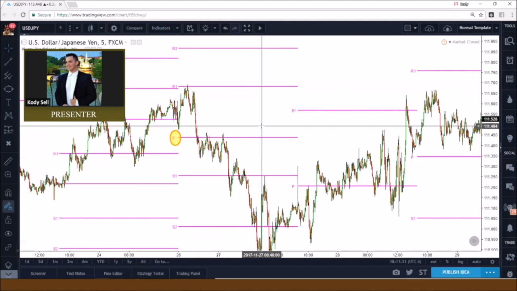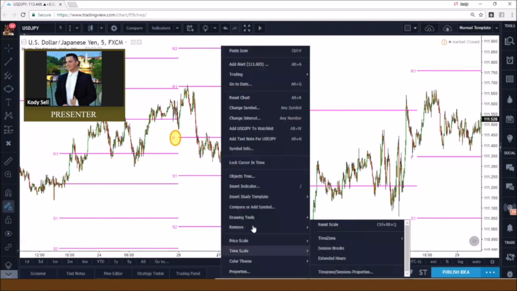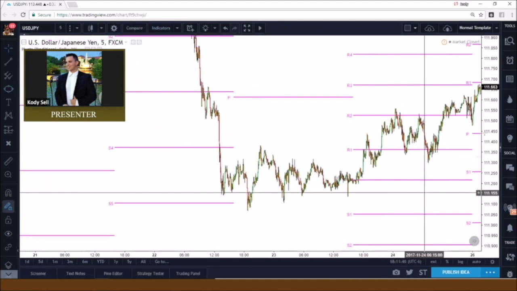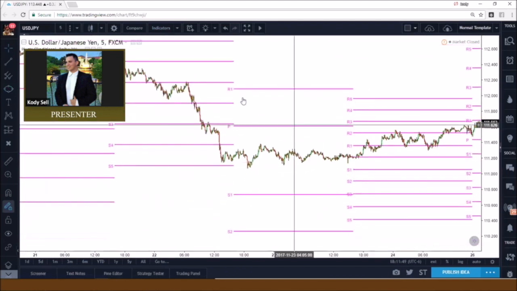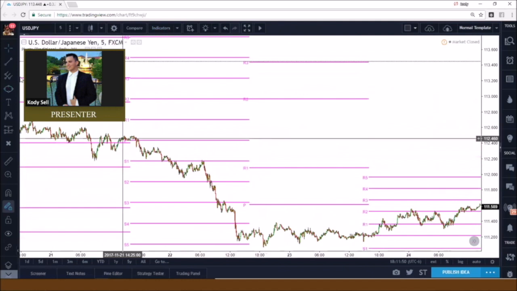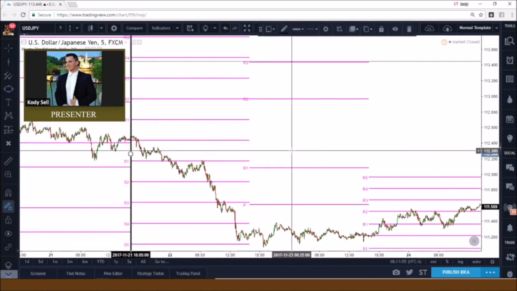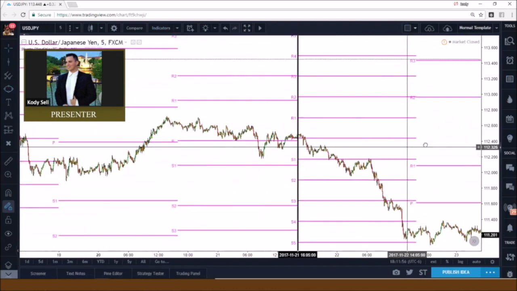We're going to look at some examples and go through how the price is moves each day between these levels. So let me remove all of my drawing tools here. We're going to start, let me throw up a vertical line right here.